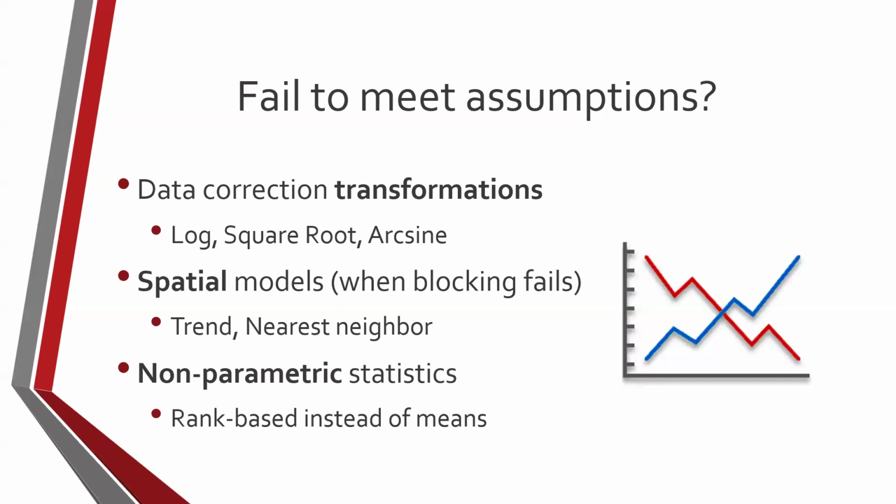If those tests come back with something wrong, something we have to do, let's dig into this toolbox between our transformations or some spatial models or non-parametric statistics. We've got a bunch of options for things we can do to adjust the data or adjust our analysis so that once we're ready to actually perform that analysis, everything will work out great.